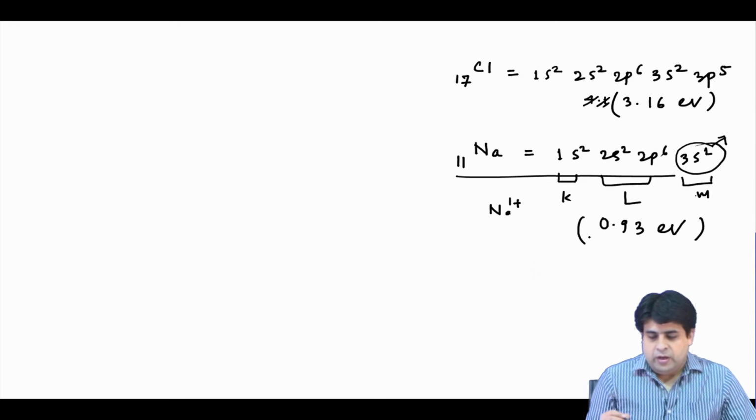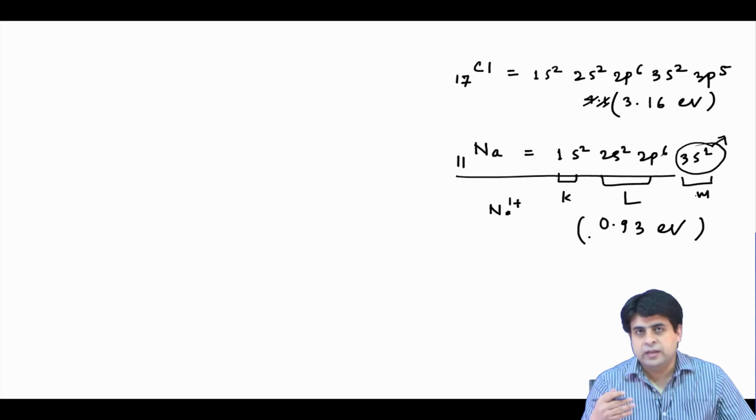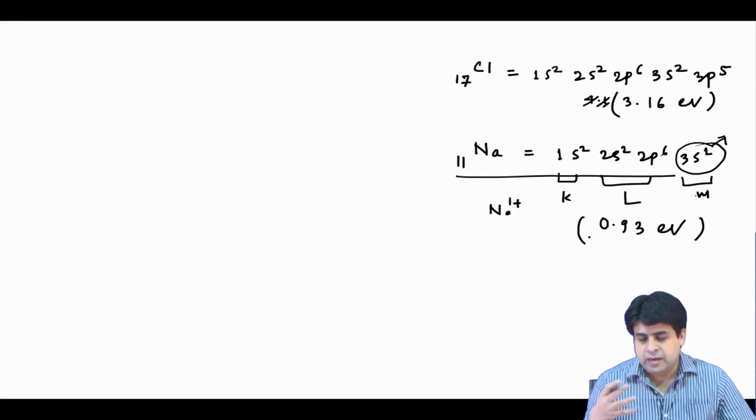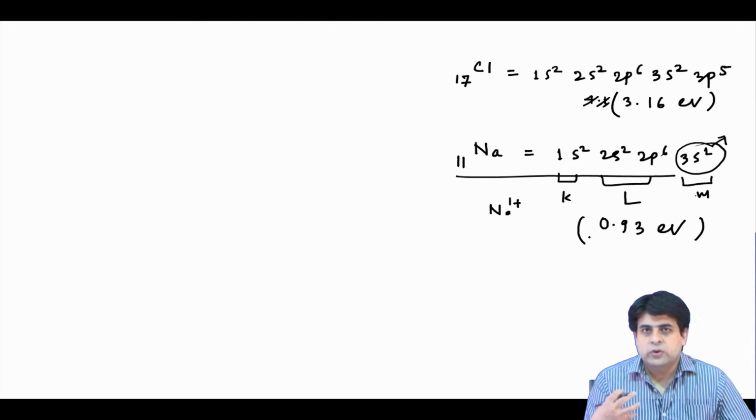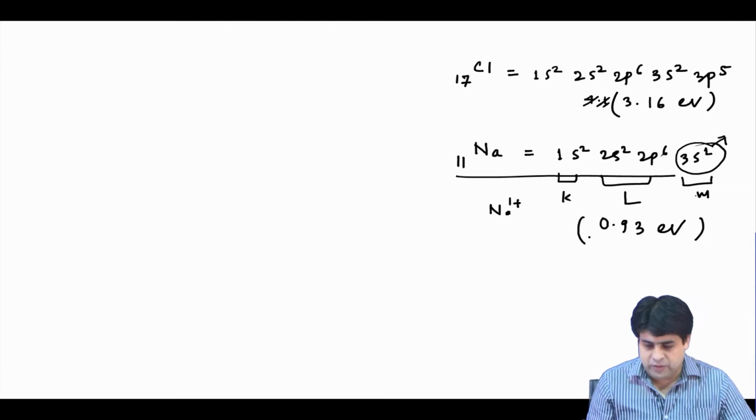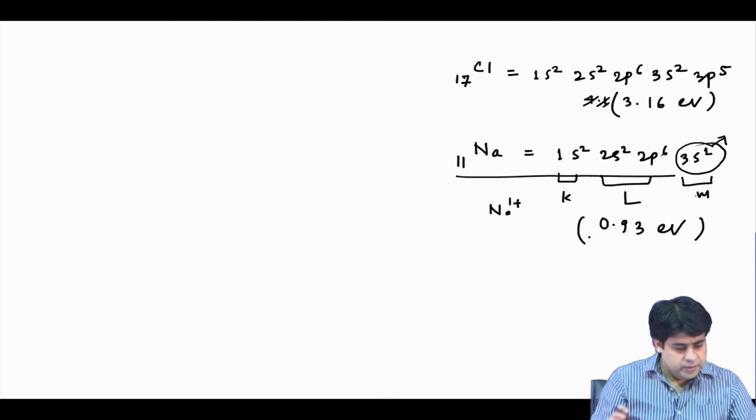So you see that the electronic configuration decides the electronegativity property. If you have an atom which can attract electrons, it will have a higher electronegativity. This is the example.